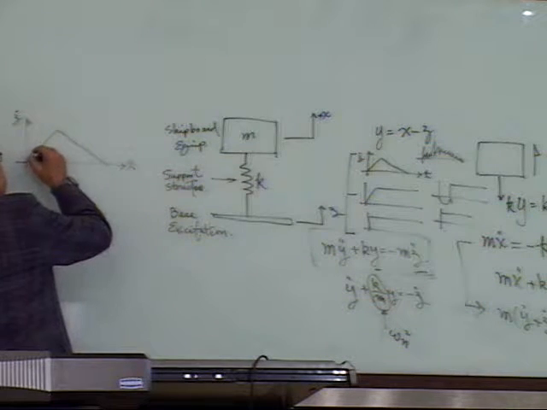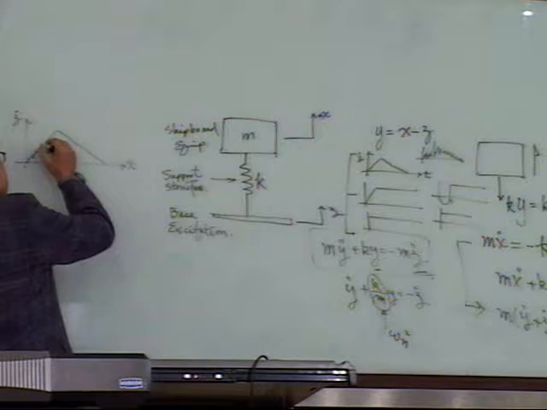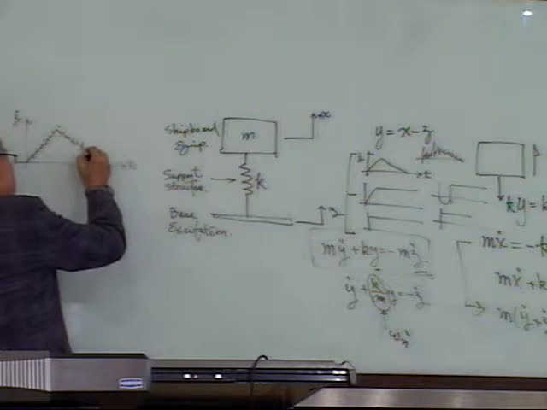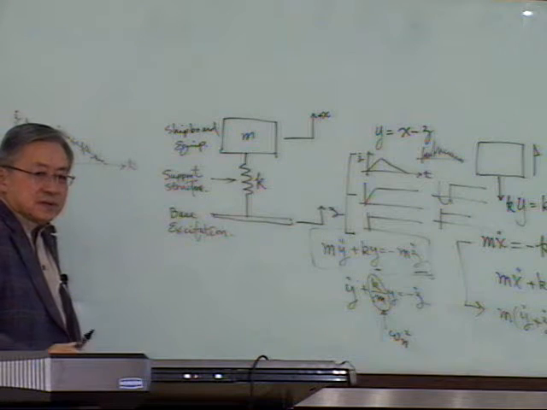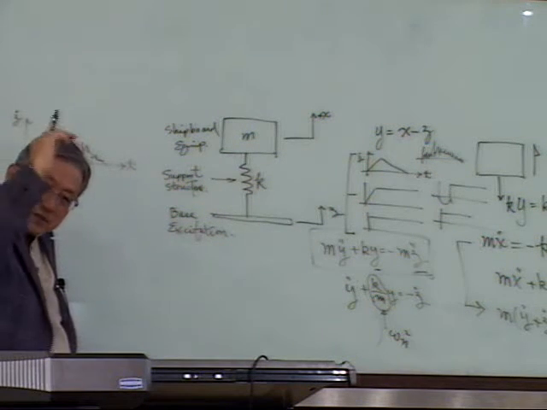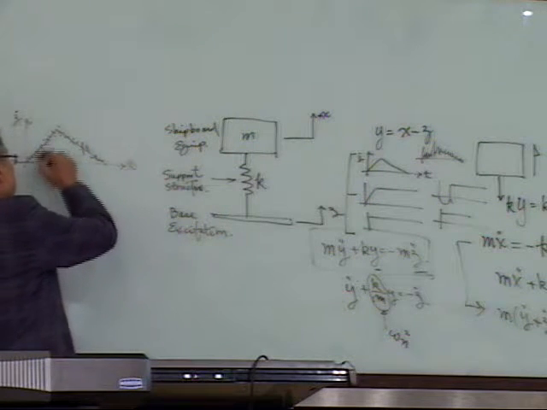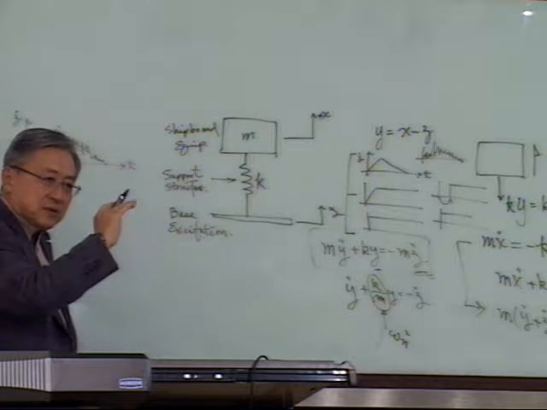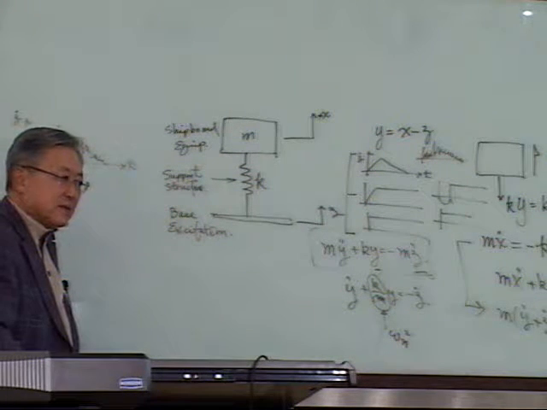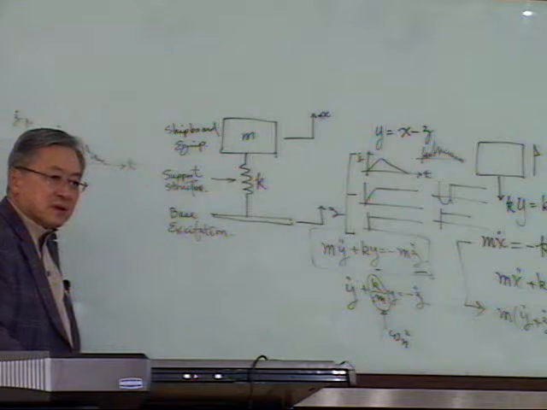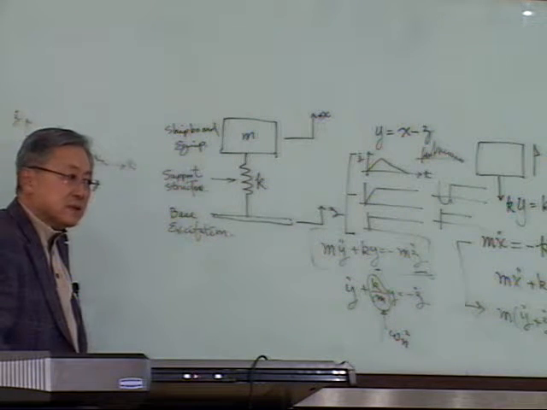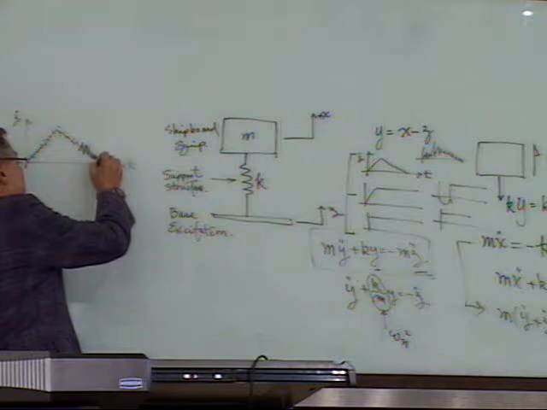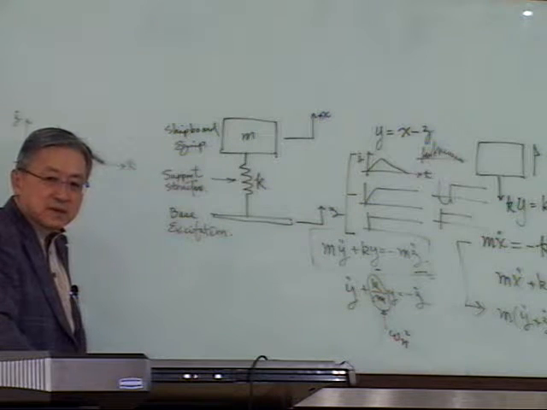This triangular pulse is like an approximation of the actually measured data. That's approximation. If I do the approximation for this measured data, then as you look through the frequency content in the base excitation, all the high frequency drops off, right? Because all this small fluctuation drops off, right?